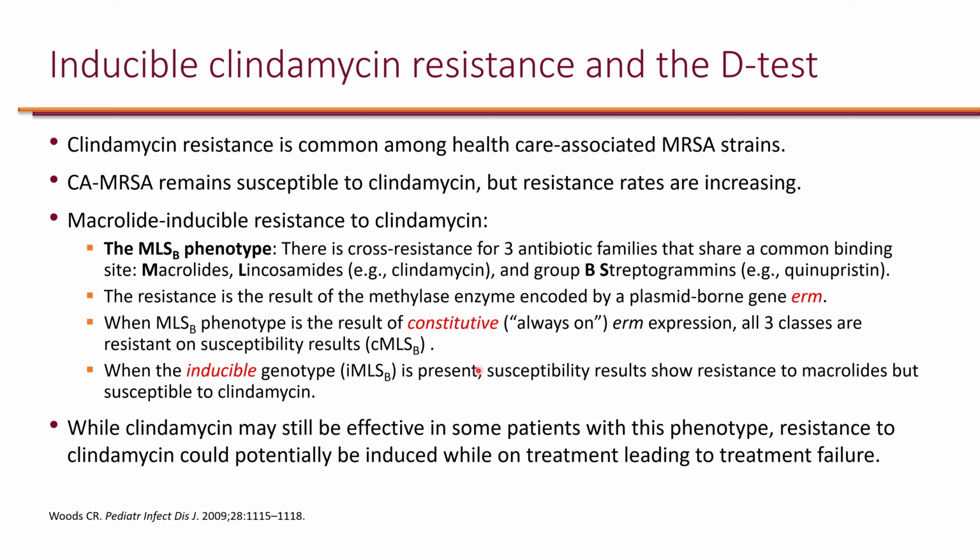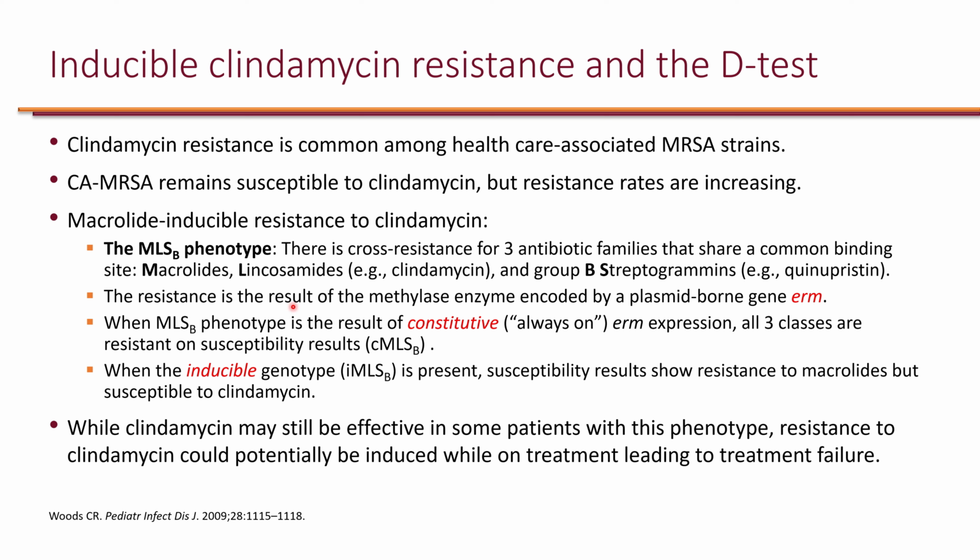Now, the other thing that can happen is inducible. So maybe this gene is not always on in Staphylococcus aureus, but maybe it will be induced when you use one of these agents, okay? And most likely, if it's inducible, it can easily be induced by macrolides. It may take longer for clindamycin to induce this.